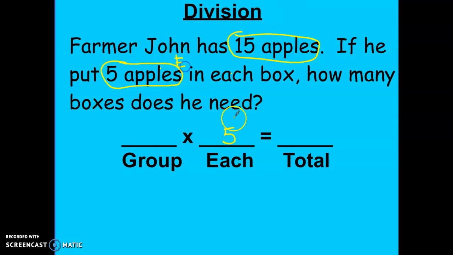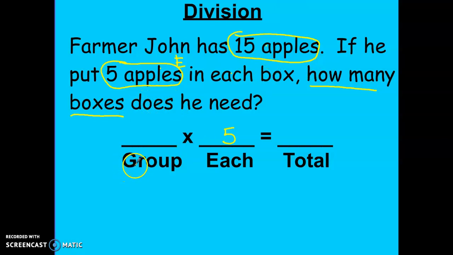That's my each. But is 15 my group or my total? Well, 15 apples cannot hold 5 apples. That doesn't make sense. And he cannot have more than 15 apples. The question says how many boxes. I know boxes hold apples.